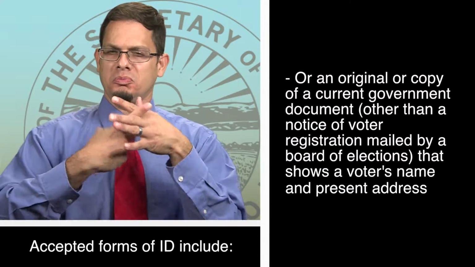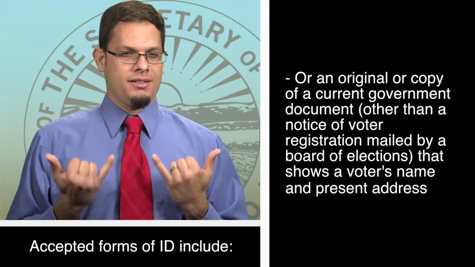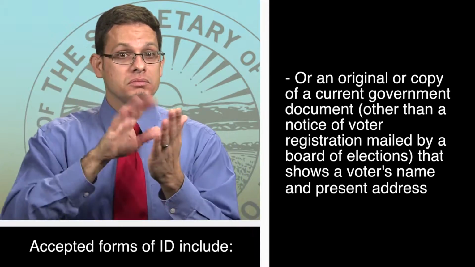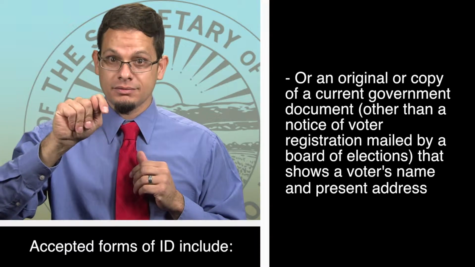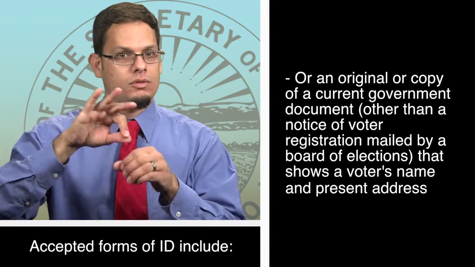Or an original or copy of a current government document other than a notice of voter registration mailed by a Board of Elections that shows a voter's name and present address.